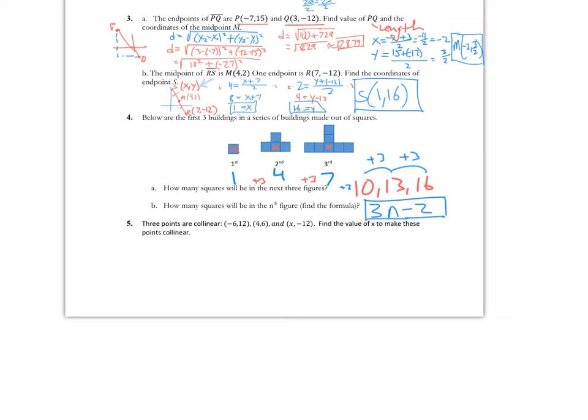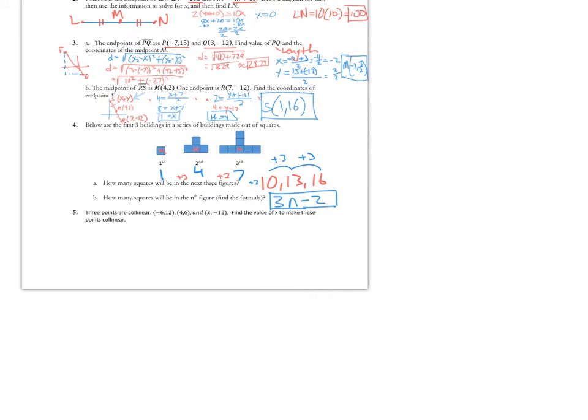Notice that these little legs is 1 less than the building number. So we could say another way to do this would be to say I have the 1 centerpiece plus 3 legs, and how many are in each leg? n minus 1. And that formula would be equivalent. All right? So two ways to do the same kind of thing there.